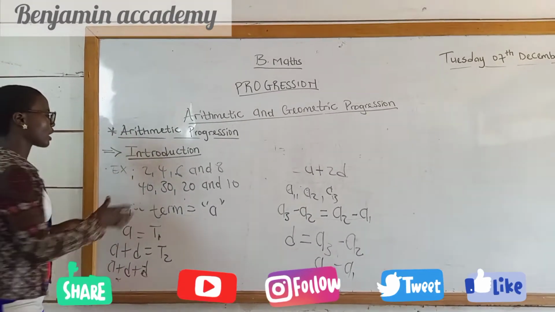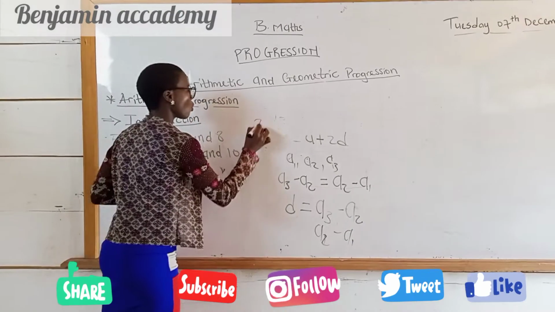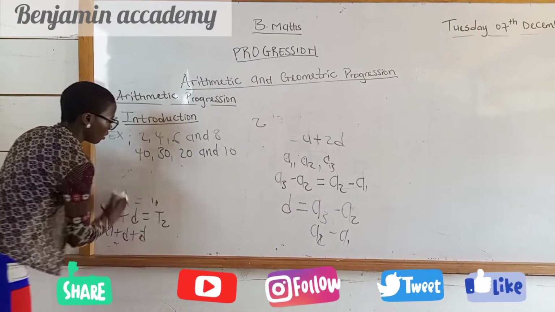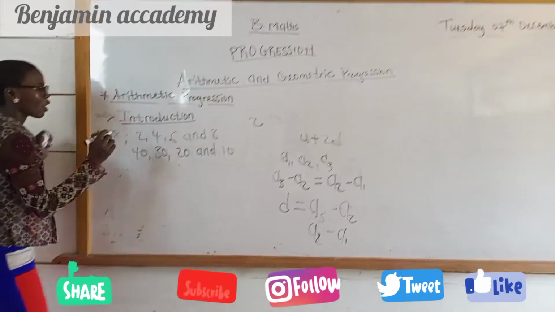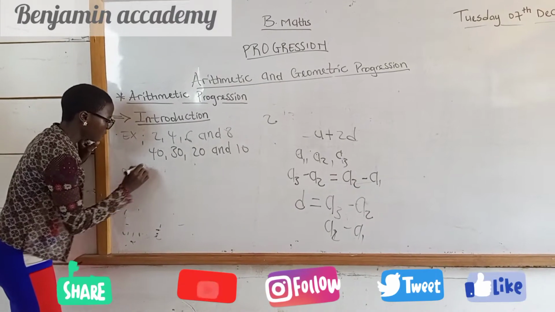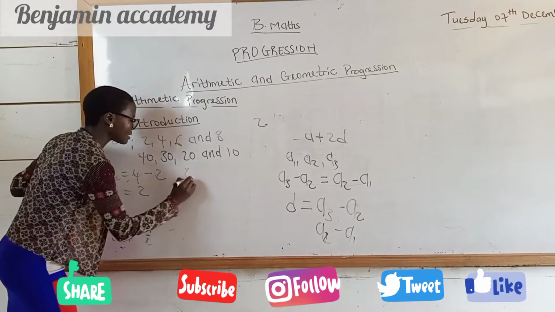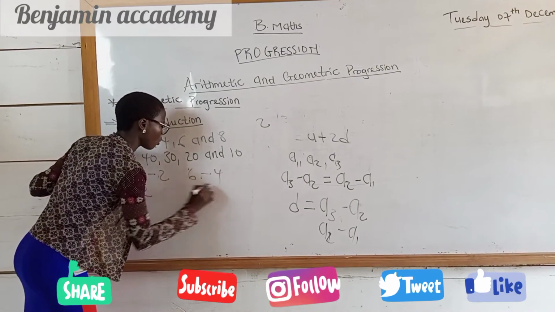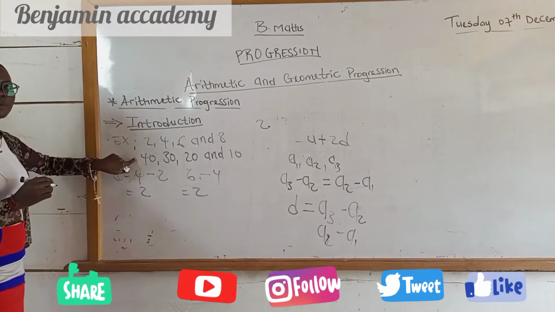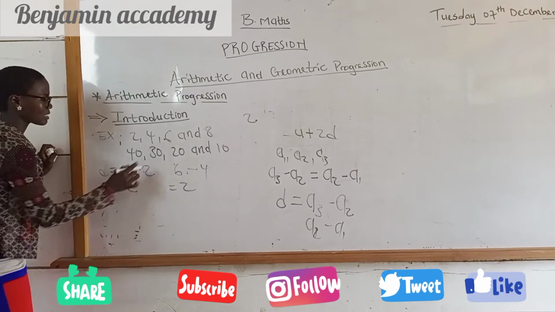From the first progression, we can see that the common difference is 2, because 4 minus 2 is 2, and it is the same as 6 minus 4, which gives us 2.